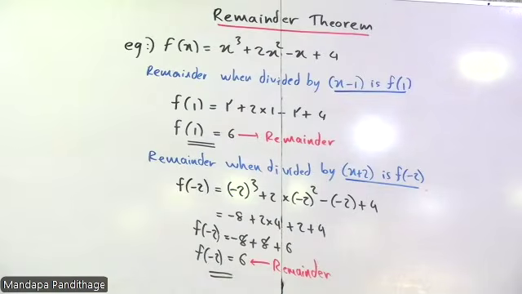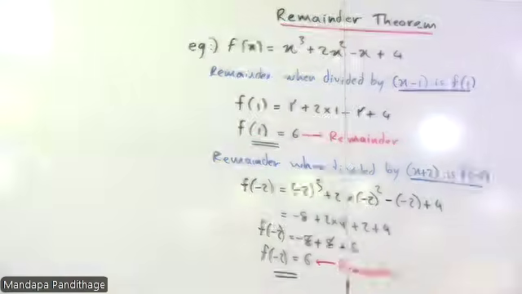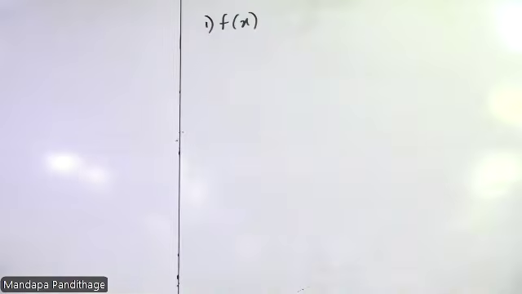Name the polynomials as f(x), if not, you can't write it. What is the remainder?